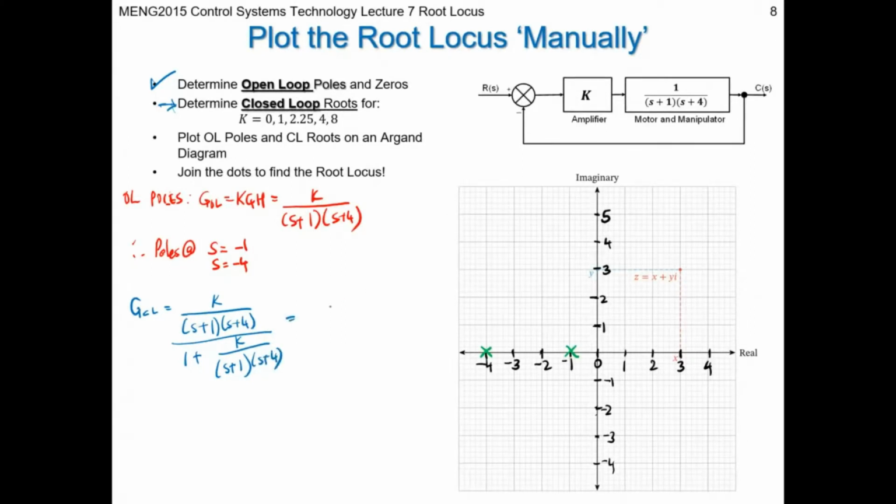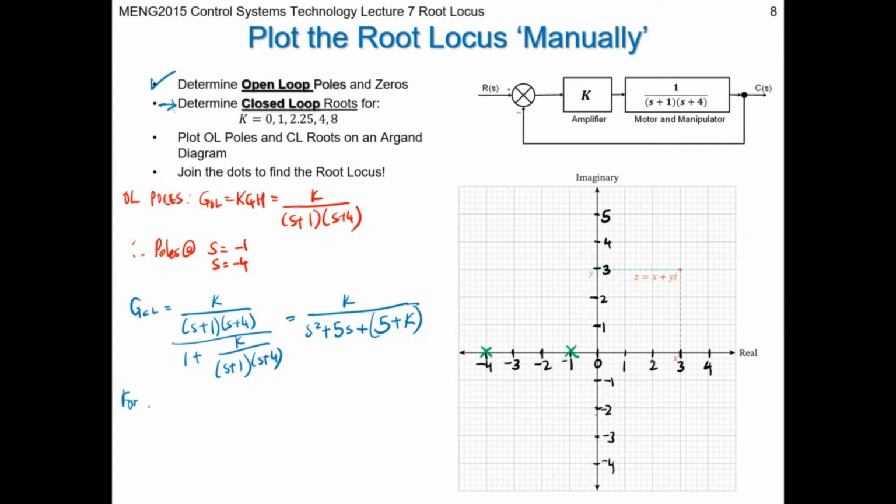Right, so if we multiply that out, then whenever we change k, we actually change the location of the roots of the denominator of our closed loop transfer function. So we're moving our closed loop roots when we change k.